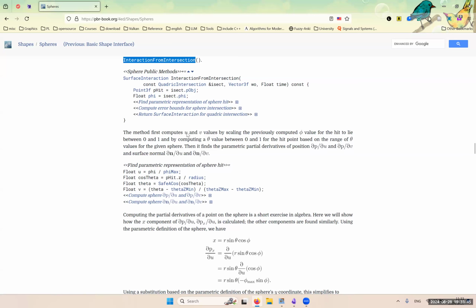First compute the UV value. We have the phi value and compute the theta value.